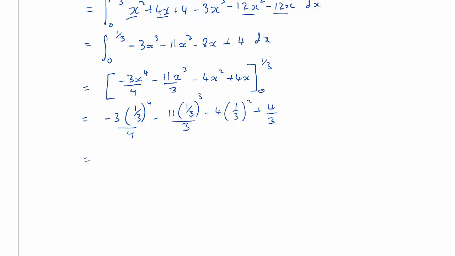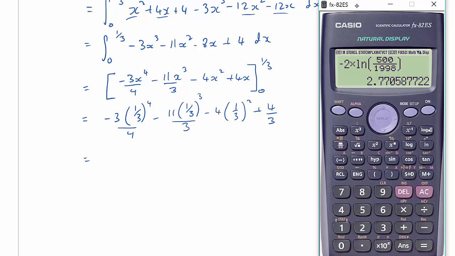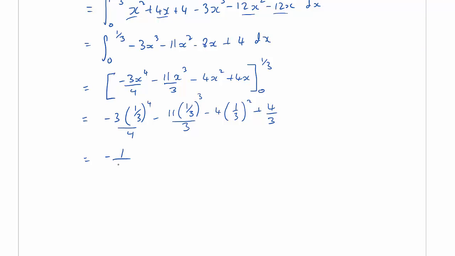Okay, let's do some calculation. So 1/3 to the 4 is 1 over 81, and we're multiplying that by negative 3 and dividing it by 4. That's negative 1 over 108.